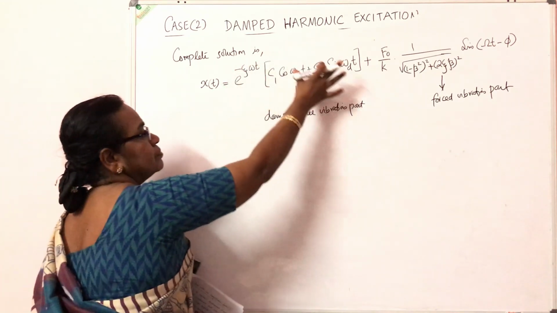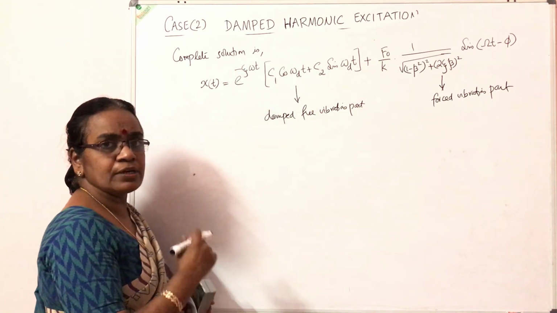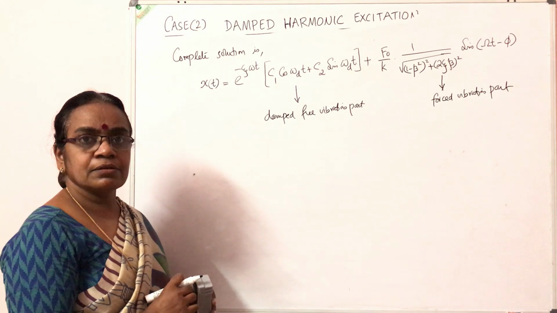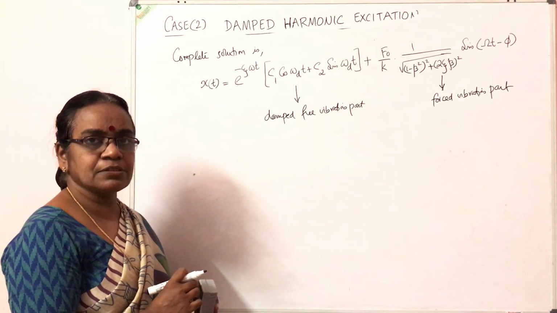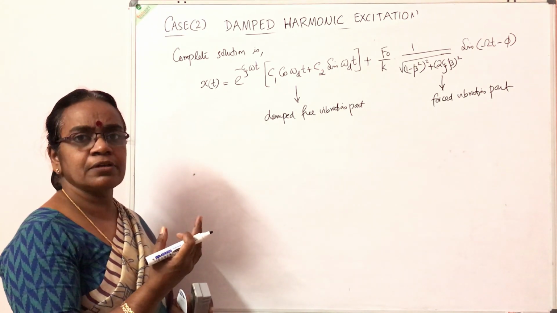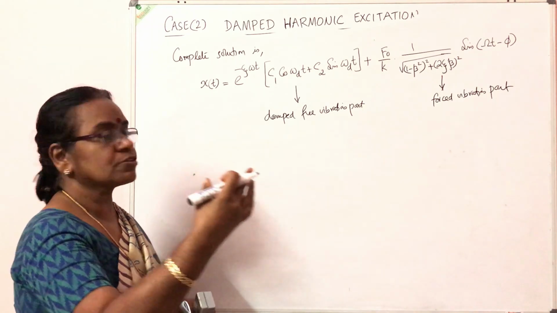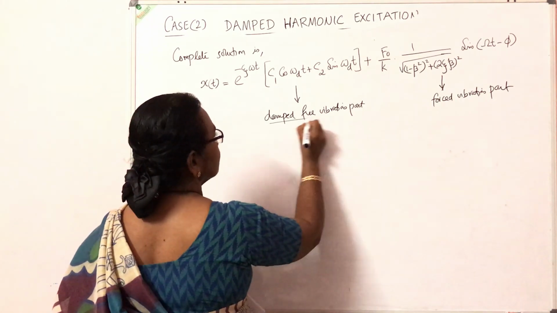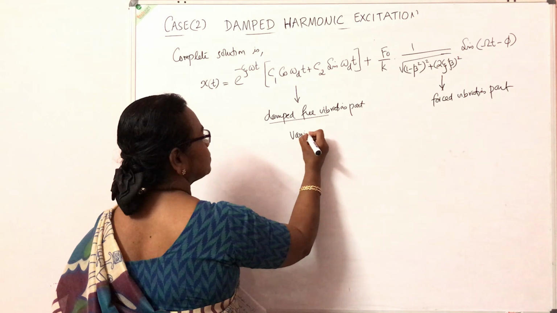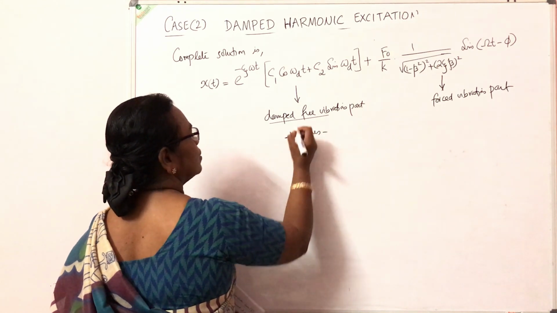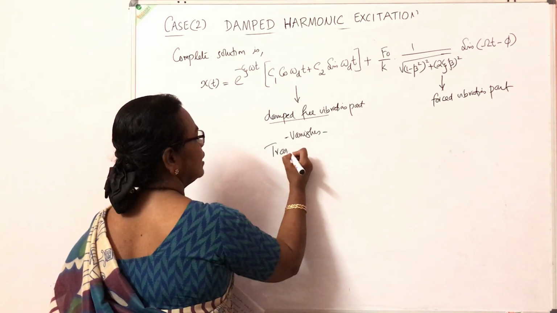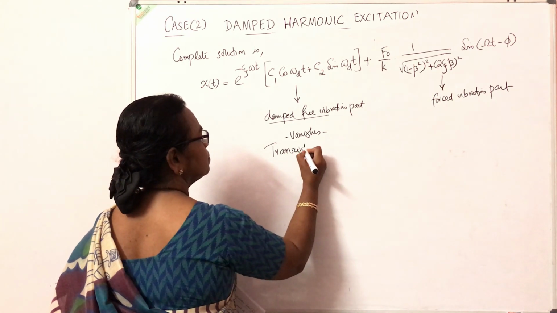And this term, involving the frequency of the damped system, since damping is present in the system, vanishes as time passes on, and this is called the transient response.